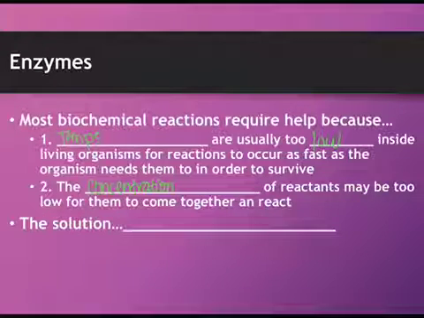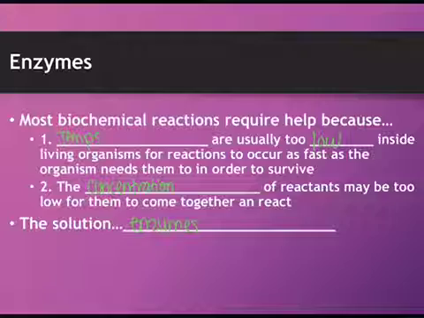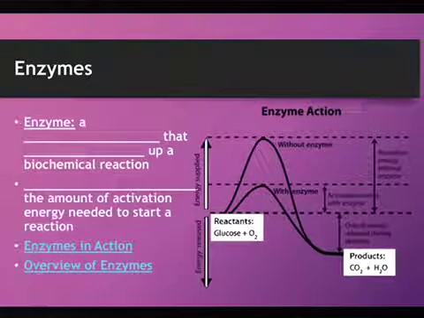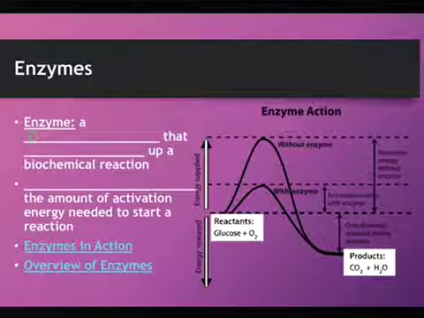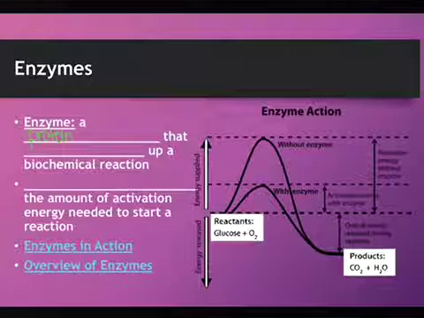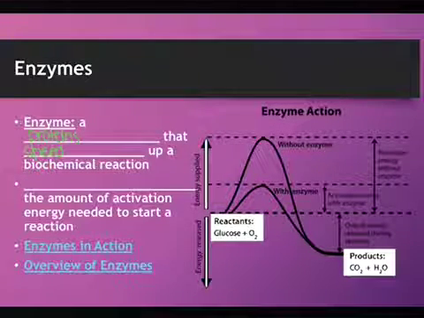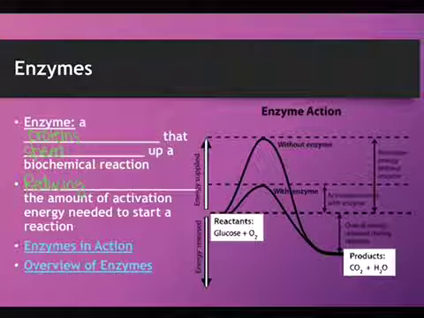So the solution here is enzymes. And so remember, we briefly touched on enzymes in the last video. And enzymes are proteins, so they're a type of organic molecule, and their job is to speed up biochemical reactions. And so they do this by reducing the amount of activation energy needed to start a reaction.